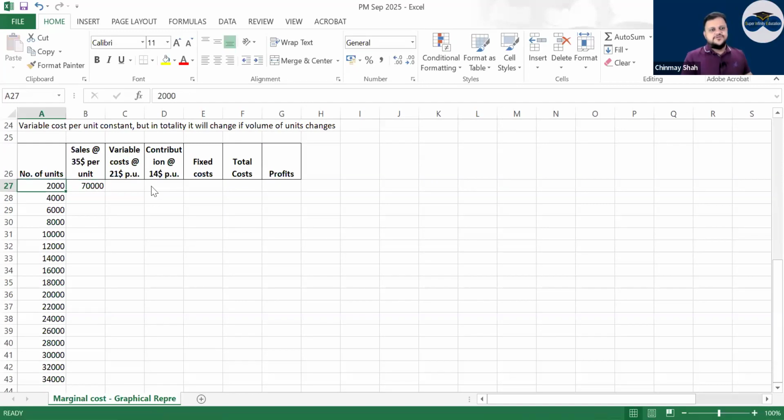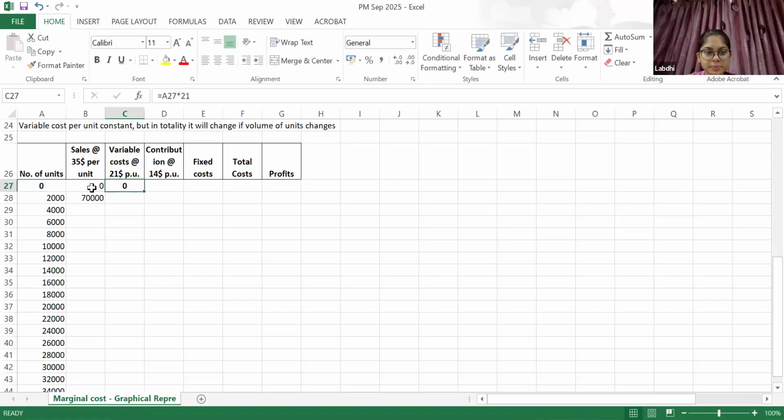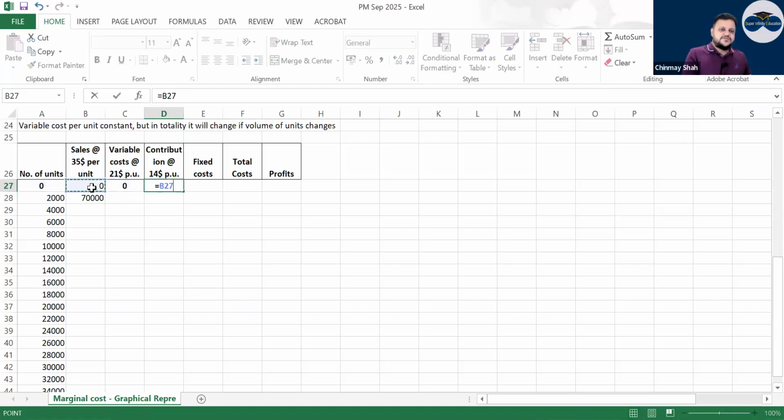Do 0 units as well. 0 units, so 35. Variable cost: number of units into what? 21. Correct. Contribution is going to be sales minus variable cost.